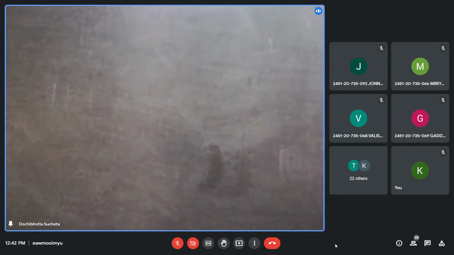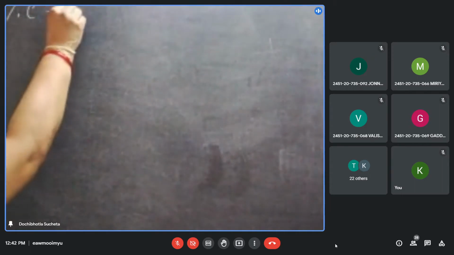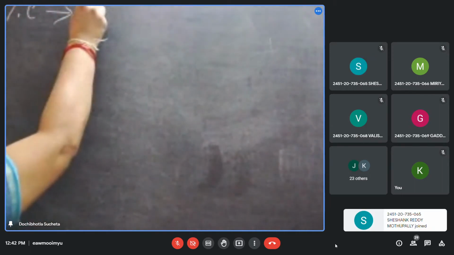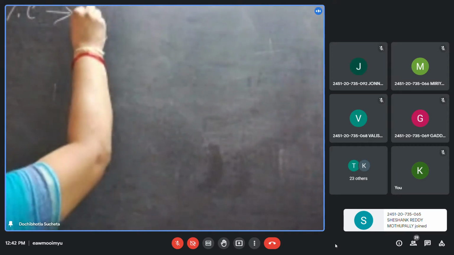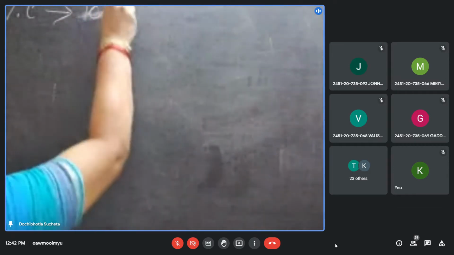Now, as a revision of the ultimate analysis, what you have taken down yesterday is there in your notes, but just a small revision here. So I'm finding the percentage of carbon. For that, I've taken a known weight of coal sample, already weighed.